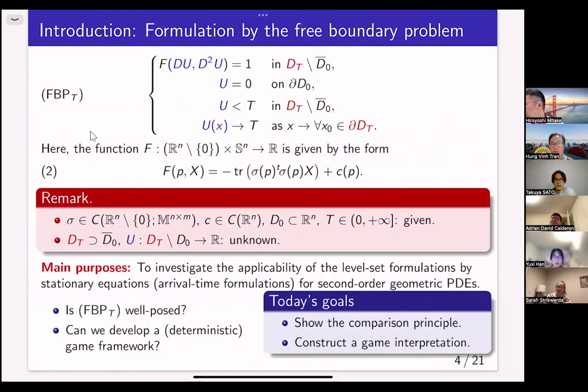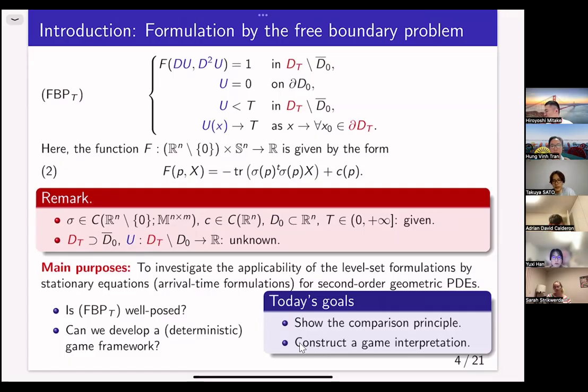In the sense of this equation, the comparison principle means the ordering between the subsolution U and the supersolution V, and also the ordering between the unknown domains.